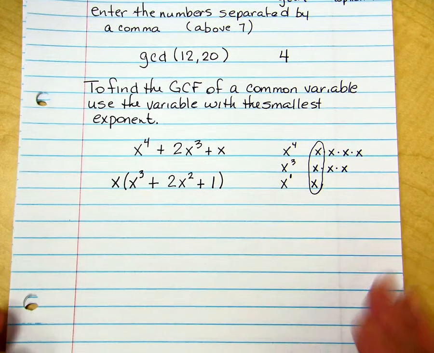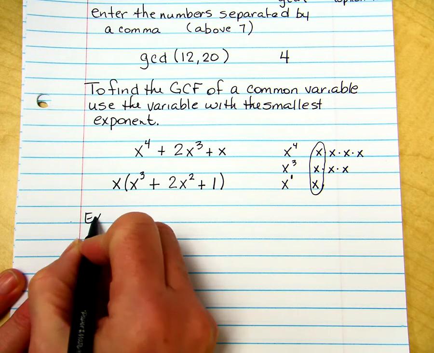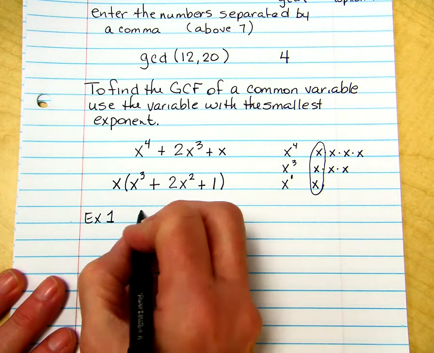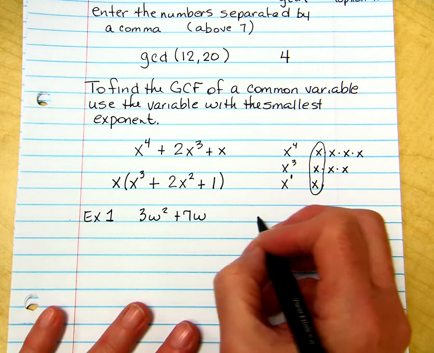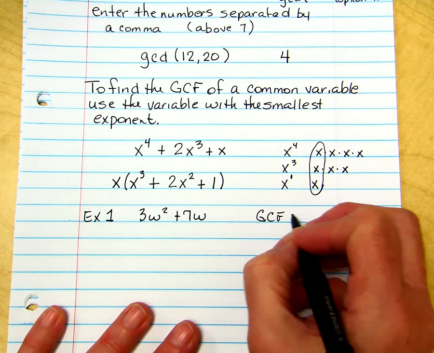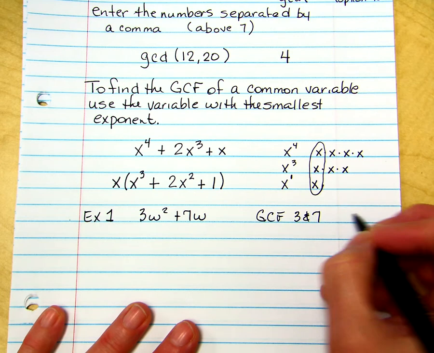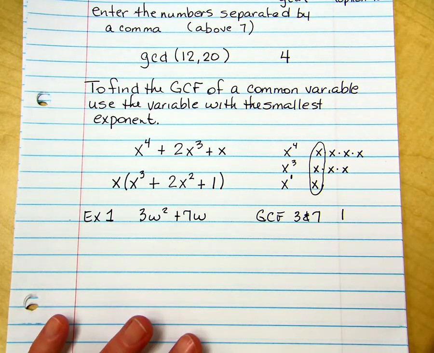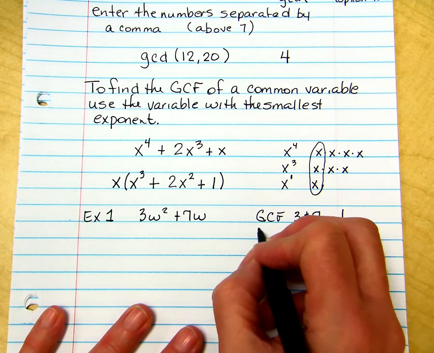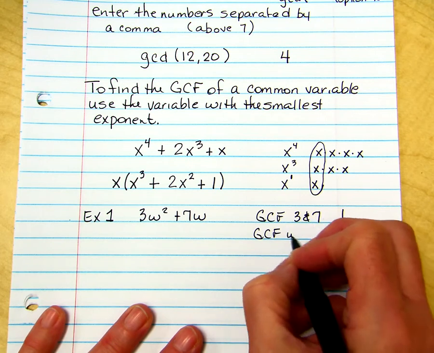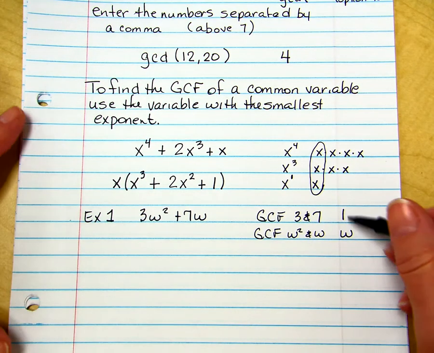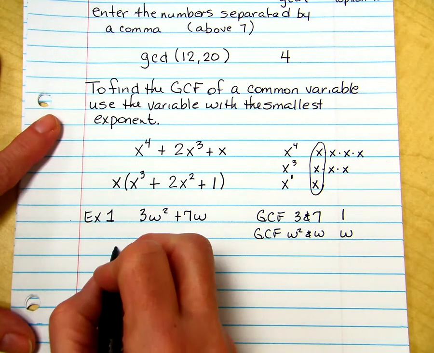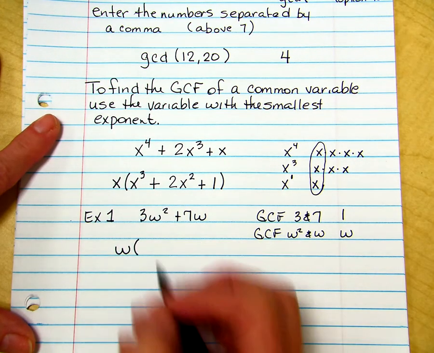If there are 3 terms in your problem, there must be 3 terms inside the parentheses. So let's do a couple of examples. In example 1, we are looking at 3w squared plus 7w. The GCF of 3 and 7 is simply 1. The GCF of w squared and w is w. 1 times w is w, so our greatest common factor is w.